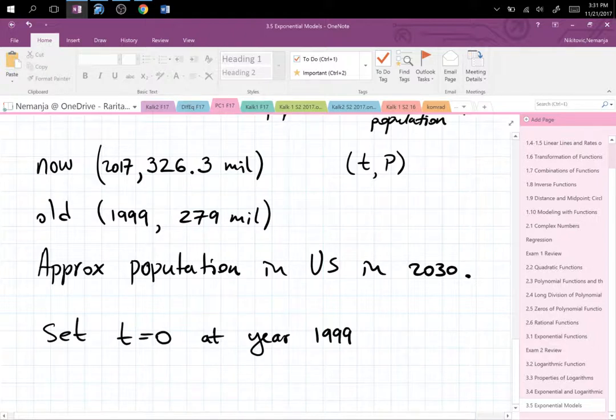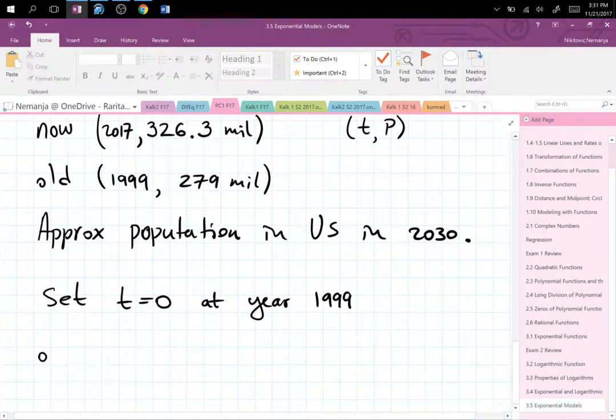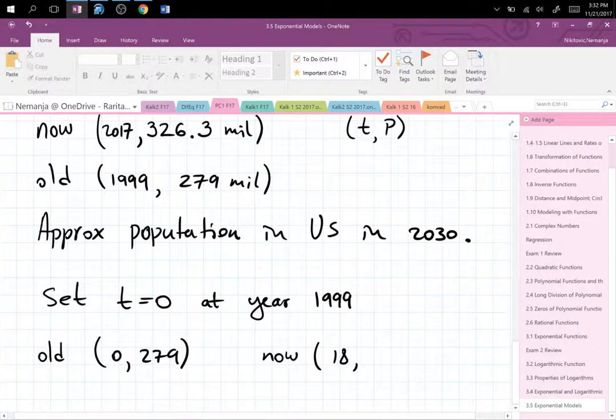That means that my old point is now 0, 279, and the now point is what? 18. Good. Because between 2017 and 1999 are 18 years when you subtract them, right? So what we did is we just shifted the points, so we don't have to use the thousands for t. We get to play with 0 and 18 and so on.